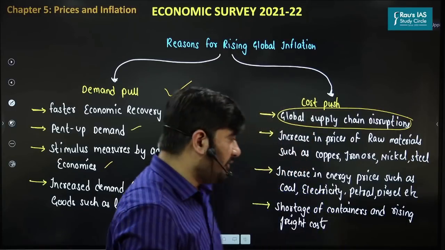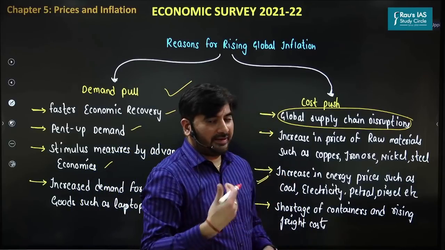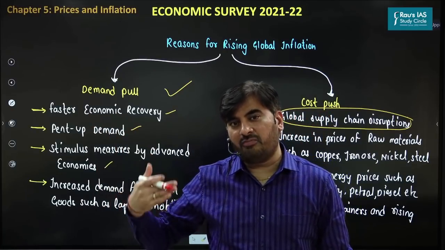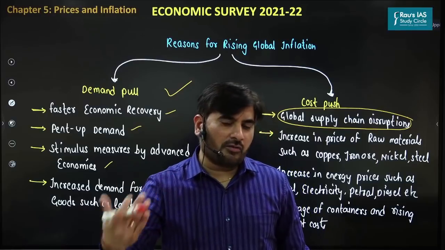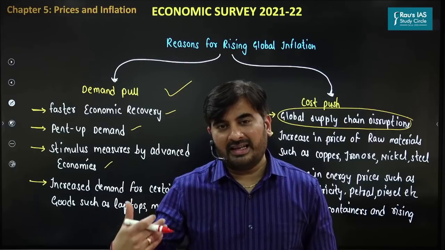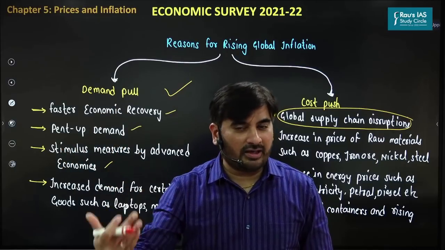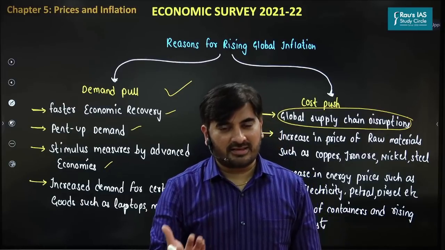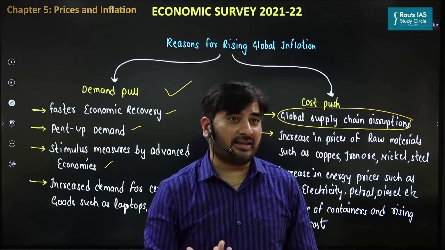Further, last year most of the OPEC countries had decided to cut down the production of petroleum products. But once the lockdown was lifted, they have not increased the production of petroleum in line with the growing demand. So there is a shortage of petroleum, and accordingly crude petroleum prices are increasing, which is evident in the rising coal prices, petrol prices, diesel prices, and electricity.